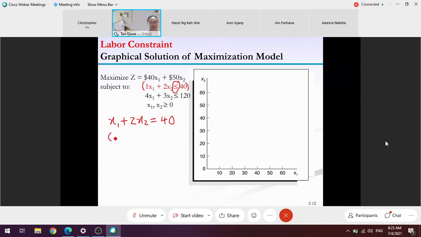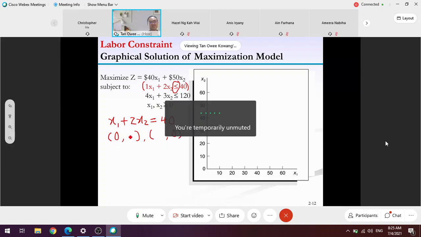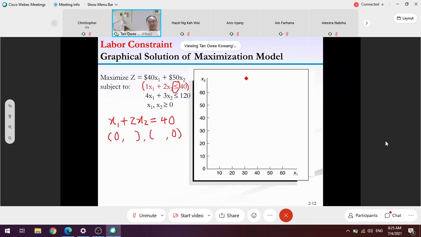By saying so, I mean I want to identify 2 points. One point is when x1 equals 0, I try to find x2. And I identify another point where x2 equals 0. Okay. For this case, if x1 equals 0, what's x2? 20. Okay, for the sake of making sure that everyone understands, I'm going to write this. And this is the only time I'm going to show it. Subsequently, I'm not going to show this again because I assume that you know.